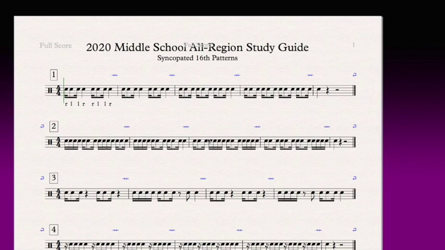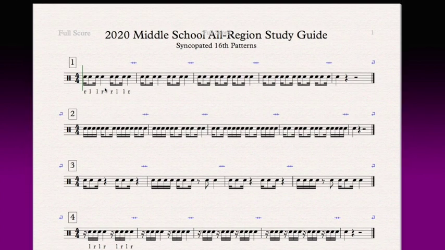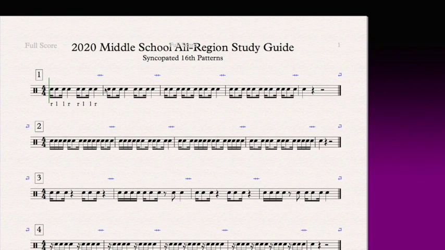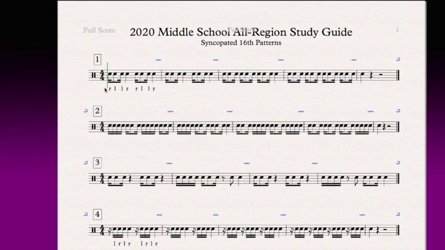Okay, so this one is going to be quite a bit longer than the previous video because there's several different syncopated rhythms, and syncopated rhythms, just by their very nature, are much more complicated. Syncopated means that the rhythm is stressing the unstressed part of the beat.